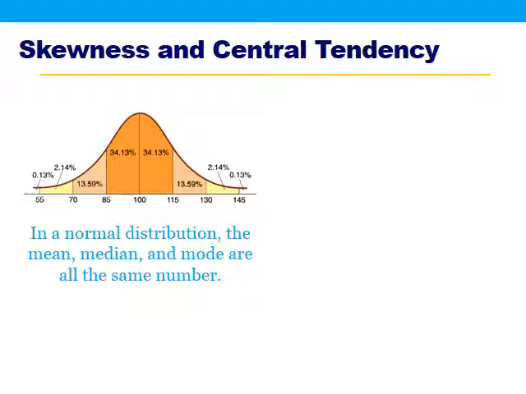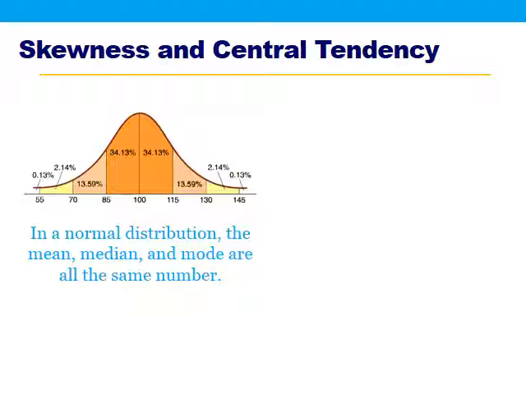In a normal distribution, the mean, the median, and the mode are all equal to each other. So if a distribution truly is symmetrical, all 3 of those measures of central tendency are going to be the same. In this graph, for example, the mean, the median, and the mode would all be equal to 100, right? It's right in the middle of the graph, so it's the median. It's the tallest point of the graph, so it's the mode.